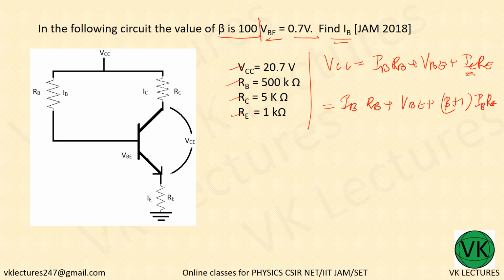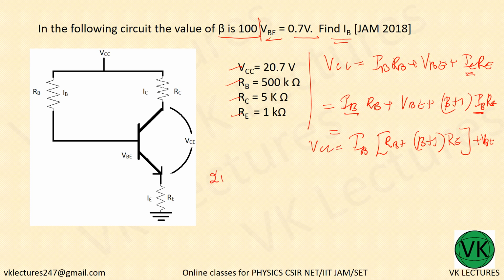Now VCC is 20.7. So we can write IB as common: IB into (RB plus (beta plus 1) into RE) plus VBE, and this is equal to VCC.